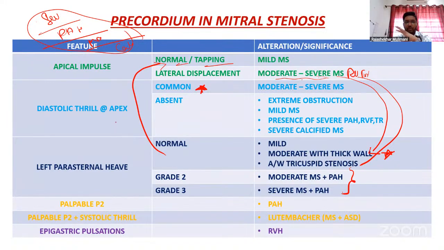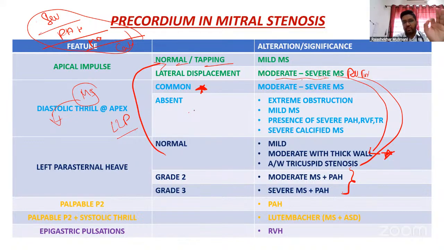Try to palpate for a diastolic thrill at the apex in the left lateral position. If it is absent, for example, your final diagnosis is mitral stenosis and there is no diastolic thrill, then the examiner is definitely going to ask you what is the significance.